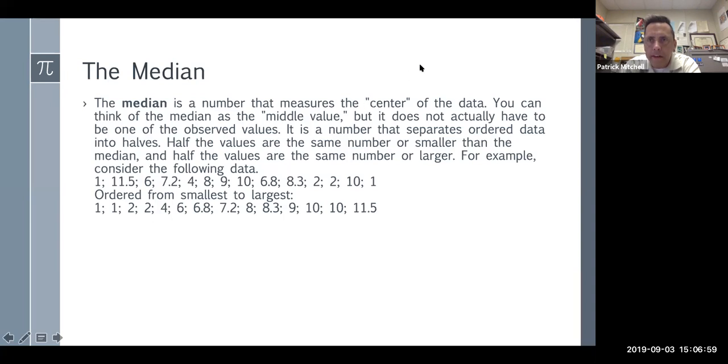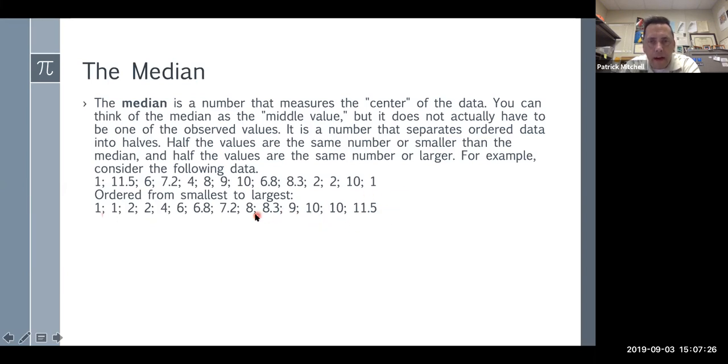In this example, they have this set of data, 1, 11.5, 6, 7.2, et cetera. To figure out the middle number, first you have to put those values in order, and then you need to know how many there are. 1, 2, 3, 4, 5, 6, 7, 8, 9, 10, 11, 12. There are 14 of these.